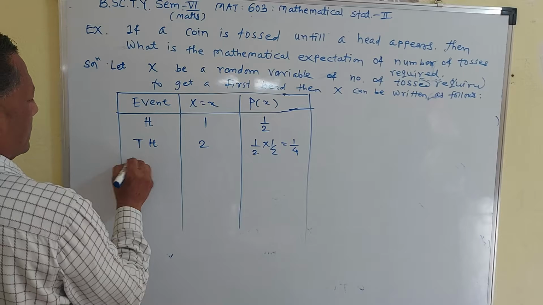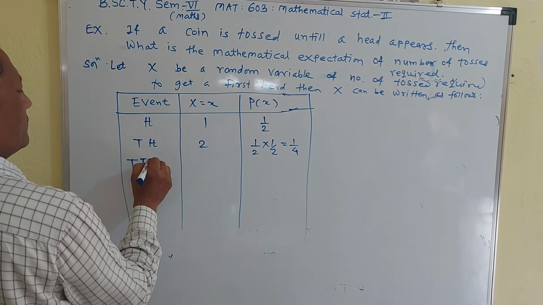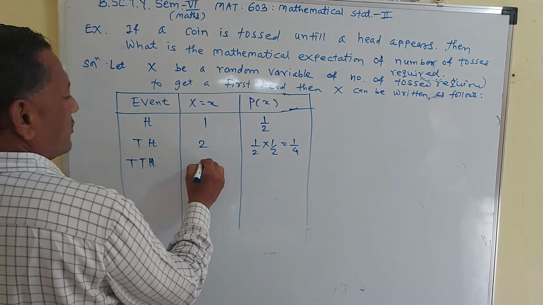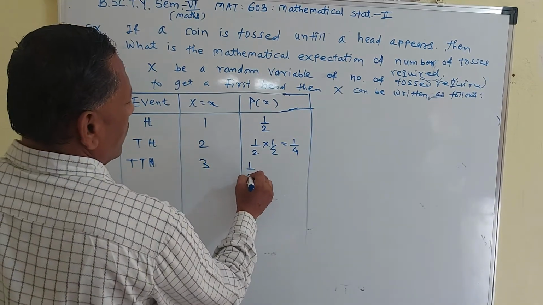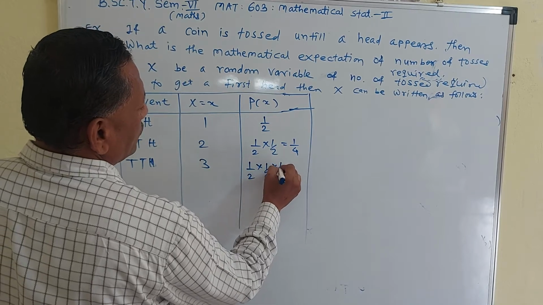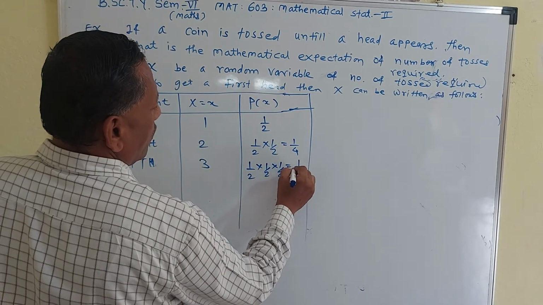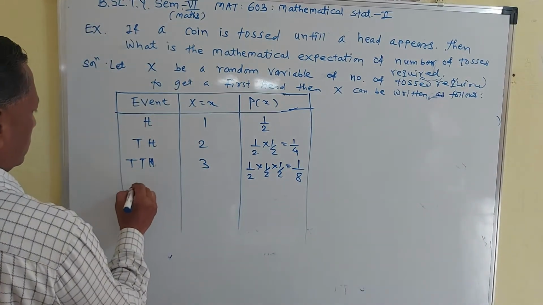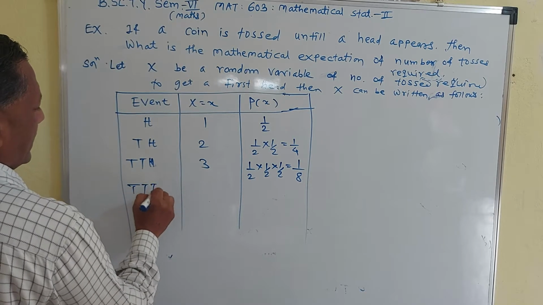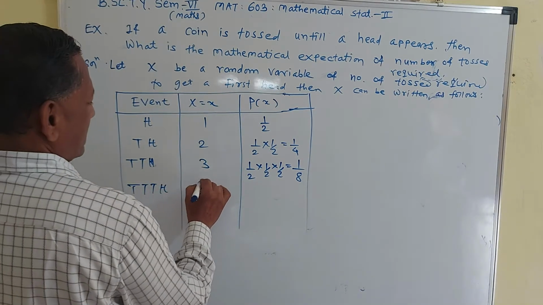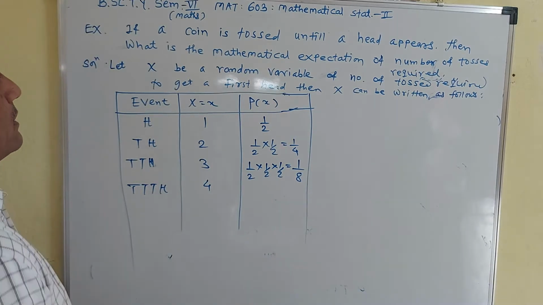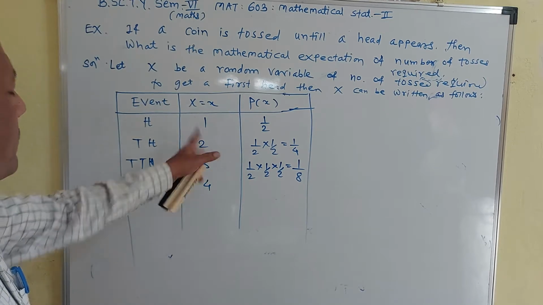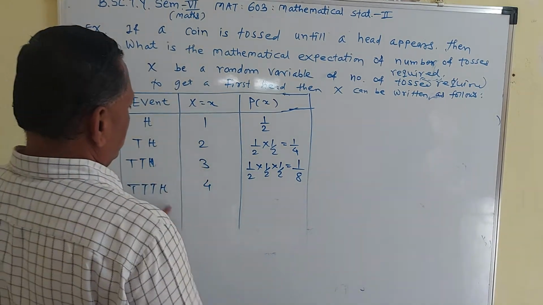Similarly, you obtain T, T and then H. So the number of tosses is 3. Therefore, 1 by 2 into 1 by 2 into 1 by 2 is equal to 1 upon 8. Then T, T, T, H, and the number of tosses is 4. Let X be a random variable of the number of tosses required to get the first head.